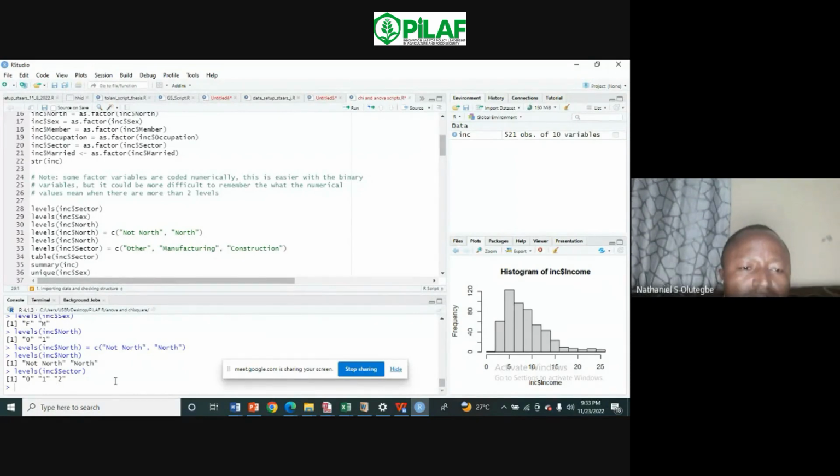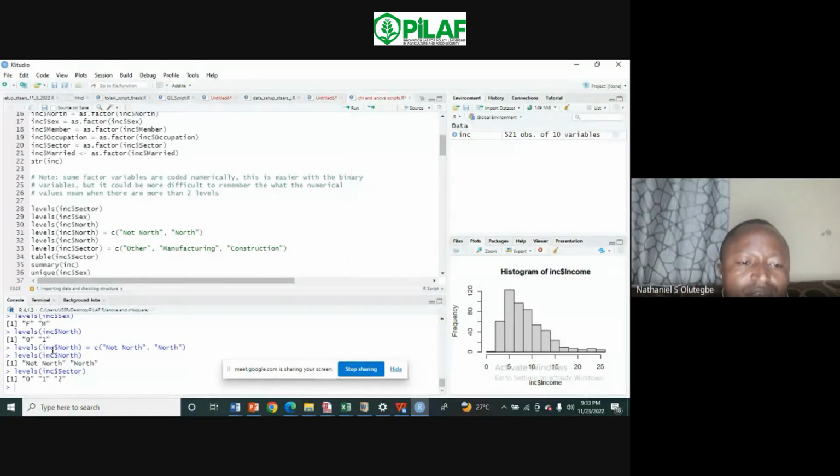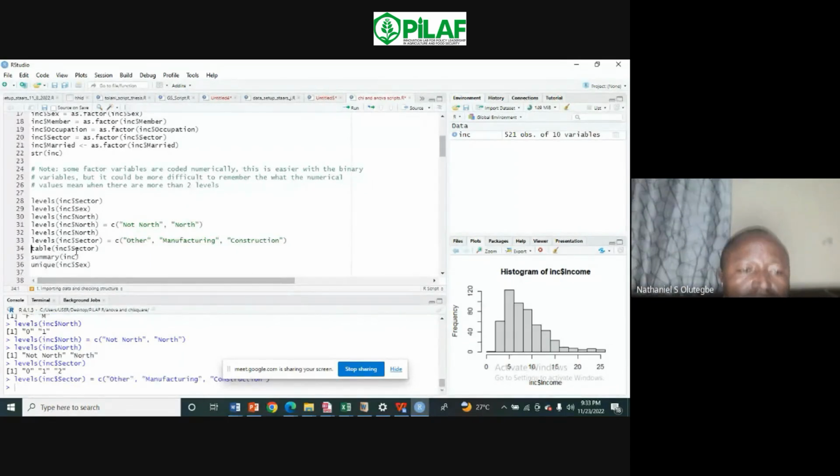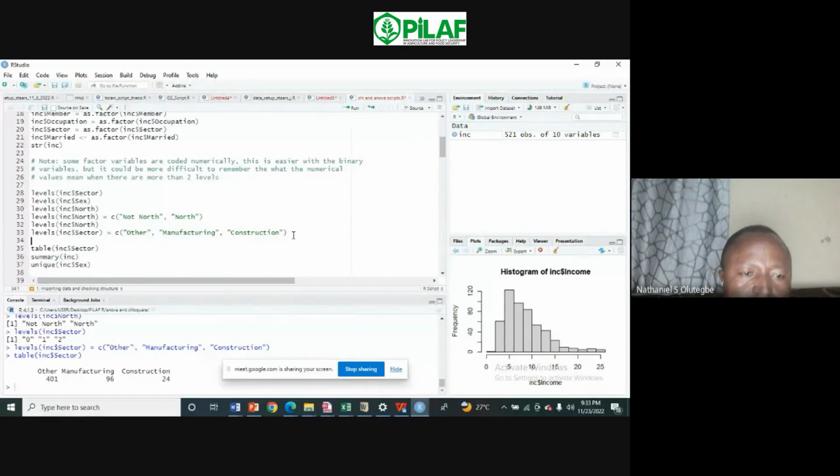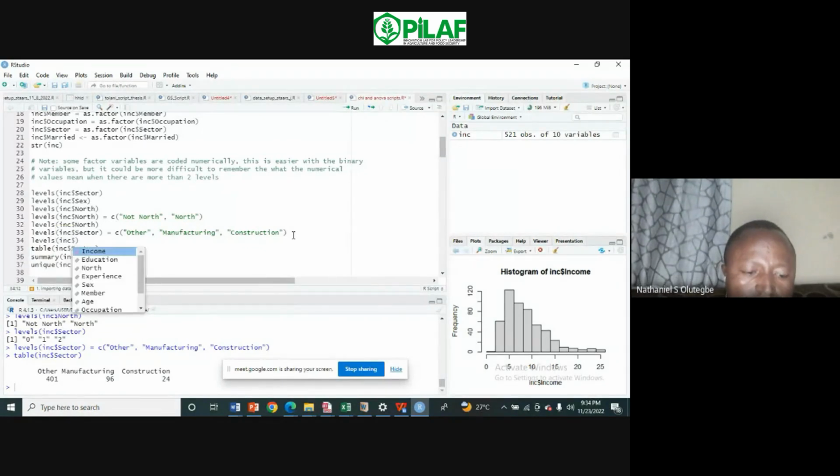That's why we use this command to say that the first is for 0, manufacturing is for 1, and construction is represented by 2. That's assigned. Then you can check what you have now by running levels on the sector variable.